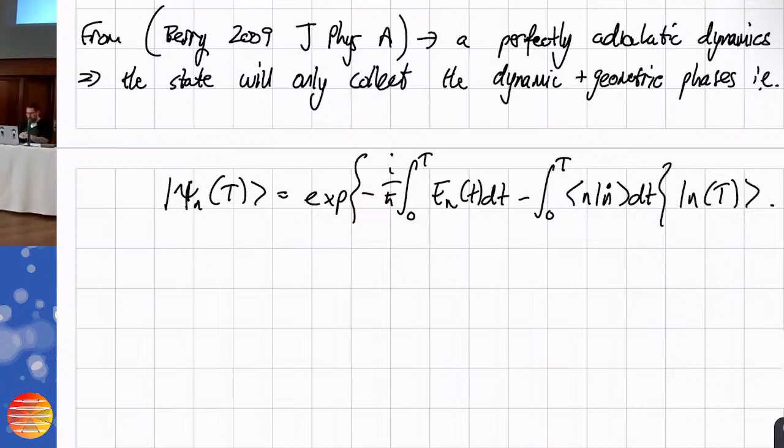If I wanted perfect adiabatic dynamics, and I started in the nth eigenstate at time 0, then this is what my state should be at any later time. All I've done here is write down the solution to the differential equation from before, when we neglected that non-adiabatic term.